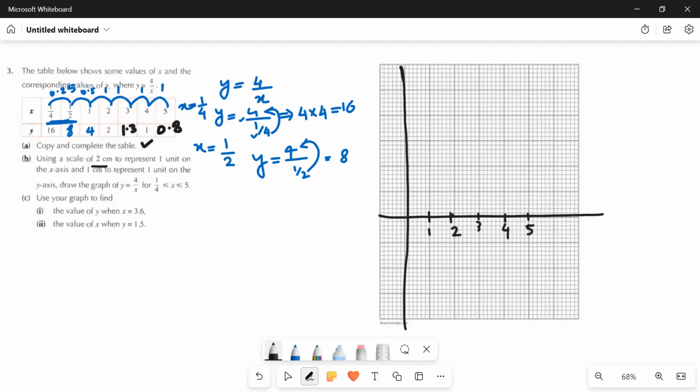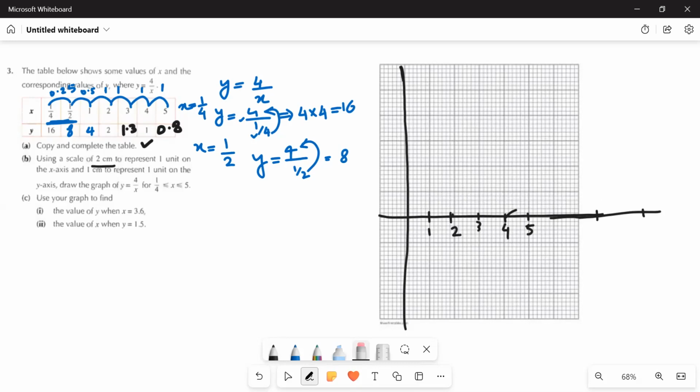You have to take 2 centimeters, means you will take here 1, 2, then 3, then 4. If you have a big graph paper, you can take two squares equal to 1. Okay, but I am taking according to the graph, so it is 1, 2, 3, 4, 5.